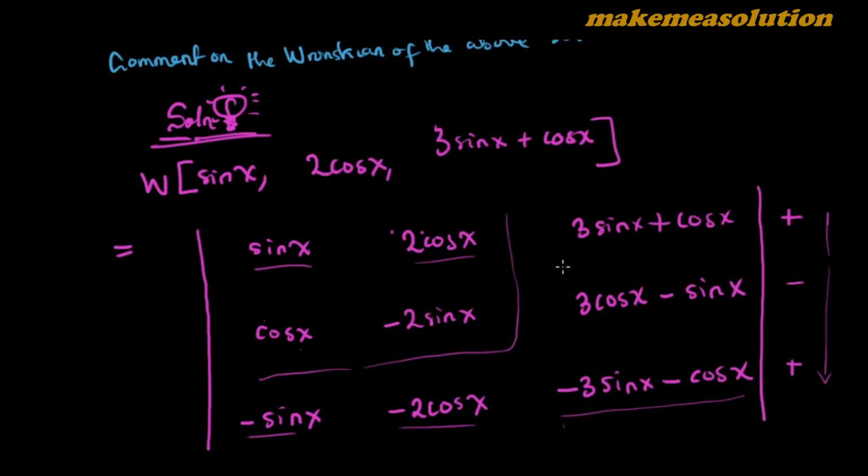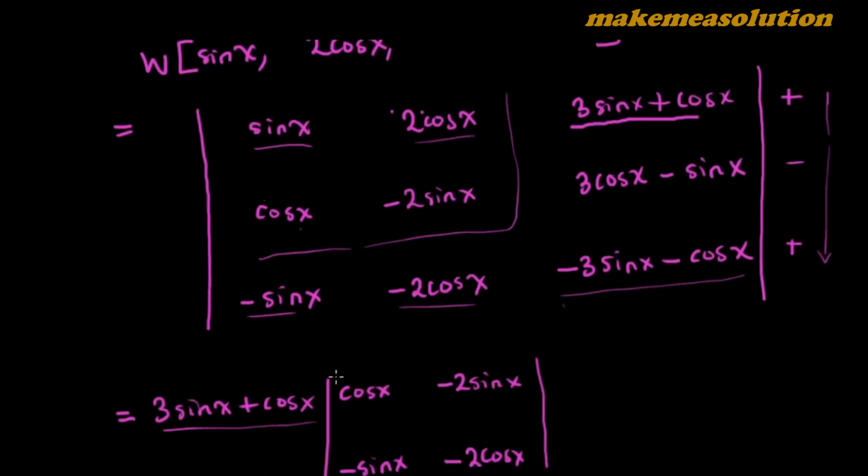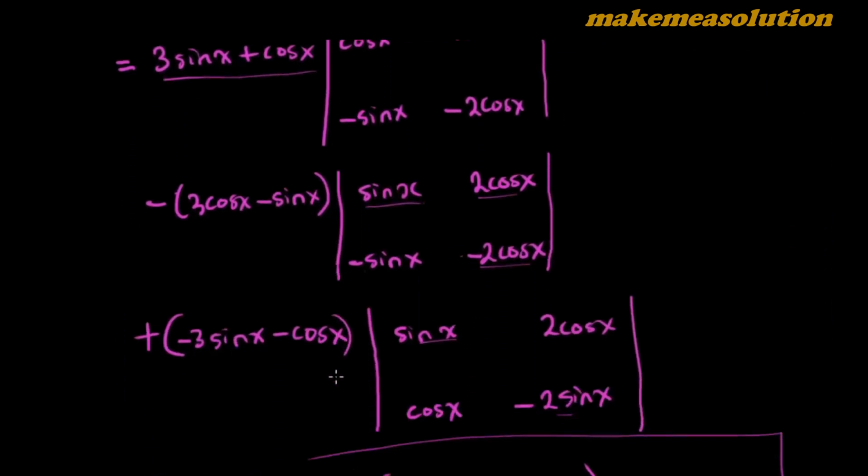If you don't see any zero row or any zero column, you probably want to go for the column or row that contains the fattest expression of terms. That is why I went for this one over here. It has the fattest expression of terms, while these other ones are just 1s and 0s. So it makes it easier for me to simplify it, as you can see in what we did here.